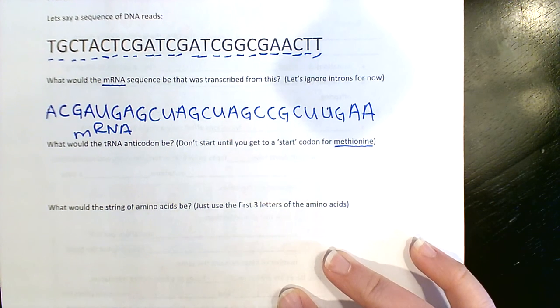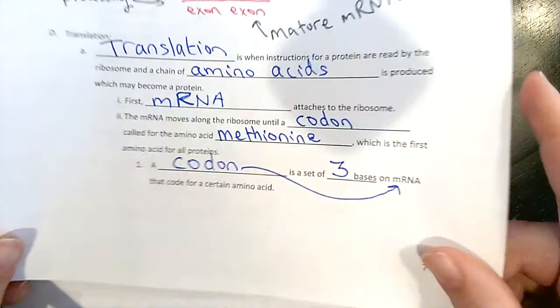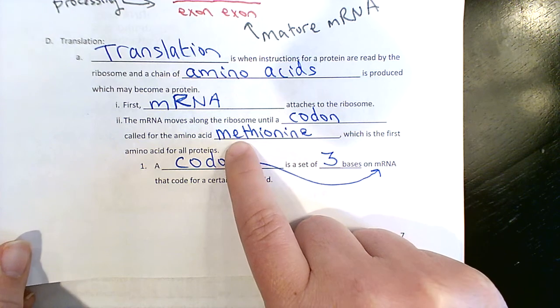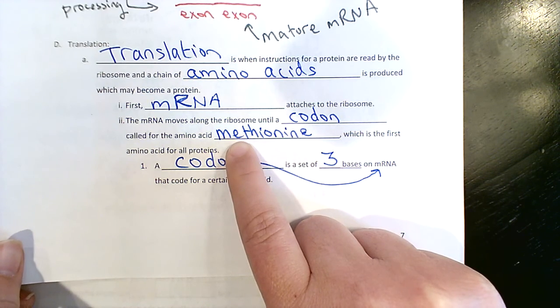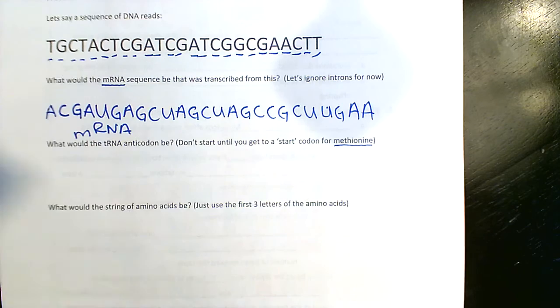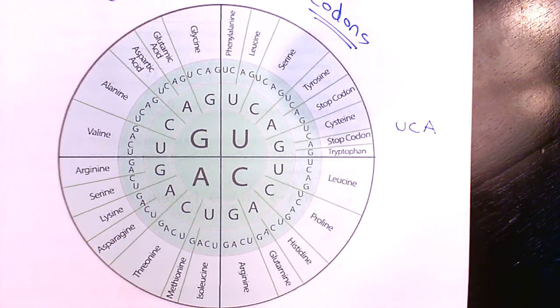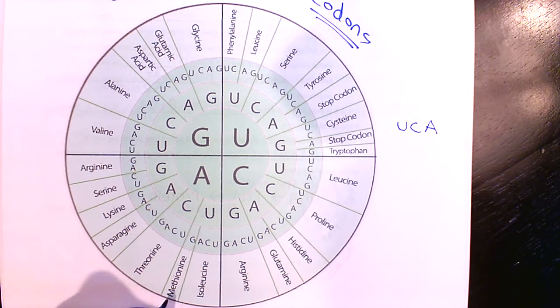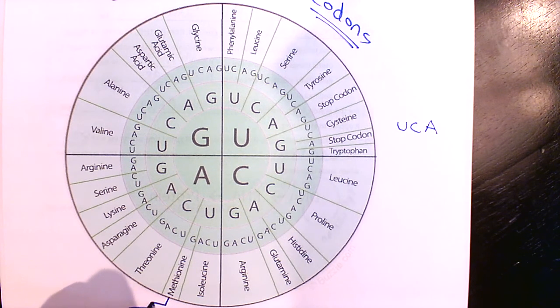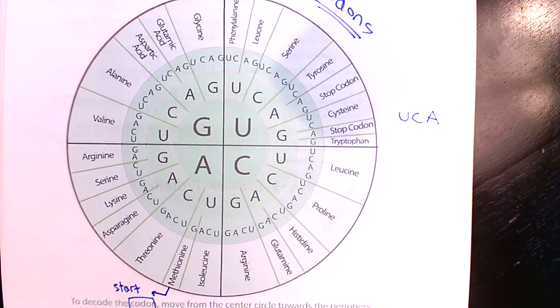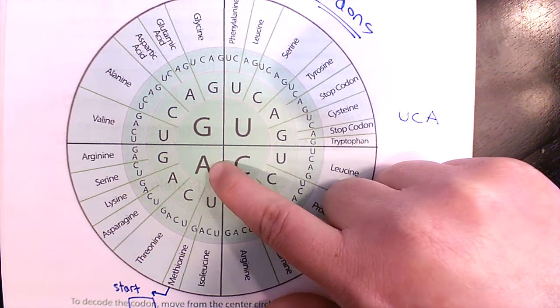Remember, methionine is always where we start, always. That's always the amino acid that is first. So I look back at my chart here, and I find methionine. Let's maybe label that start. Methionine is AUG.